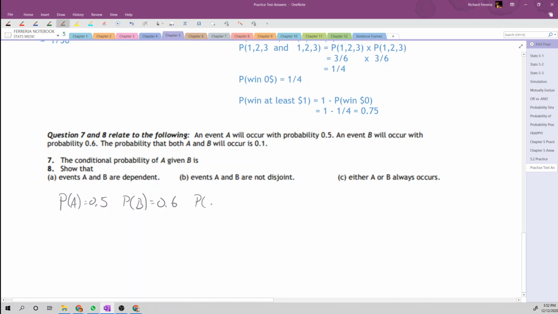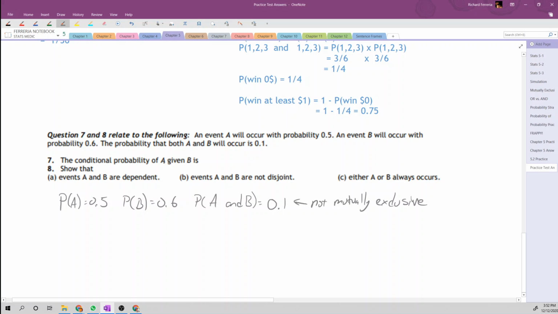And the probability of A and B is equal to 0.1. Now, this means that these two events are not mutually exclusive, because if they were mutually exclusive, this probability would be equal to 0 by definition.